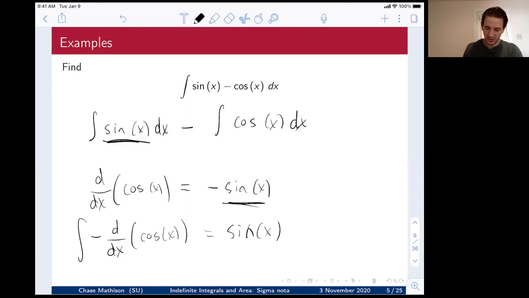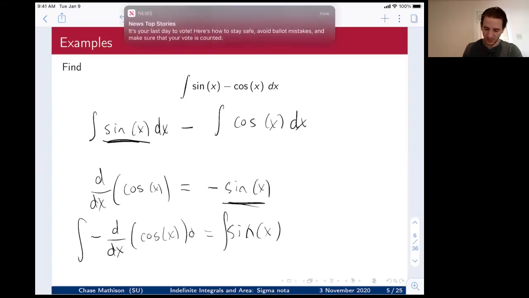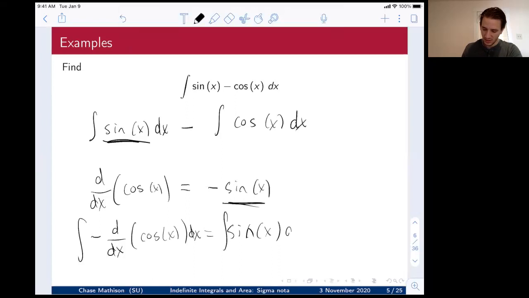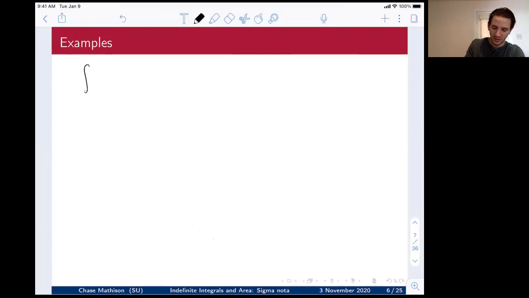So if I then integrate both sides, I end up with that the integral of sine of x is negative cosine x. So I'm going to get the integral of sine of x is equal to negative cosine of x.